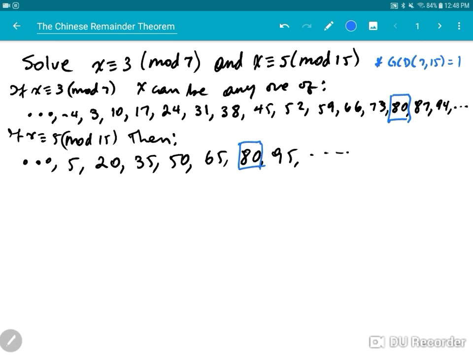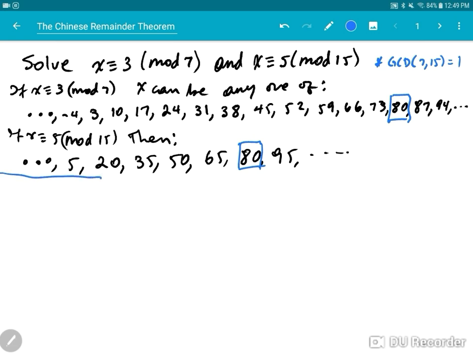You may notice that 105 is 7 times 15. So the theorem will say that if we have x is congruent to a mod n and x is congruent to b mod m, there is a unique solution, mod n times m. Okay, well, let's see how this works.